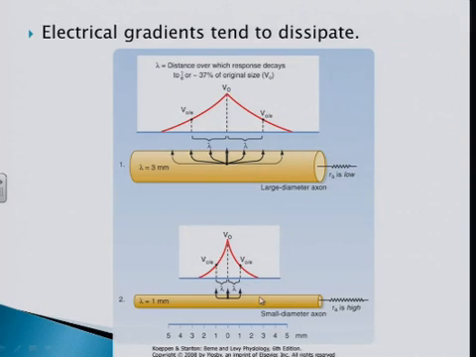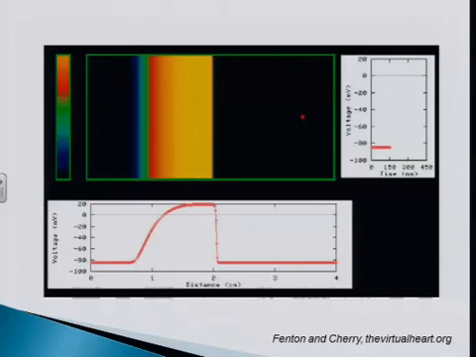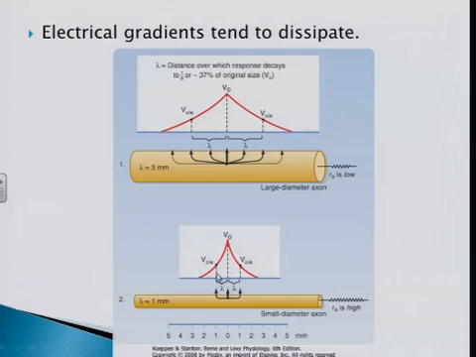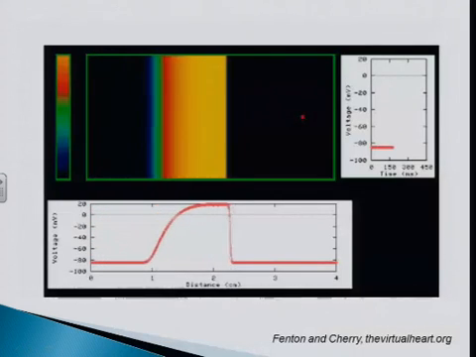If you have a small diameter hose and a lot of holes in it, you lose that pressure really quickly. And that spatial spread of pressure, of course, determines how much of the tissue you're going to excite and how quickly.